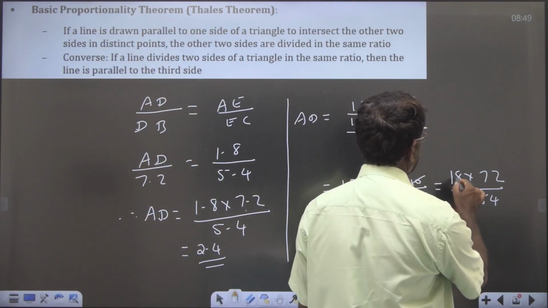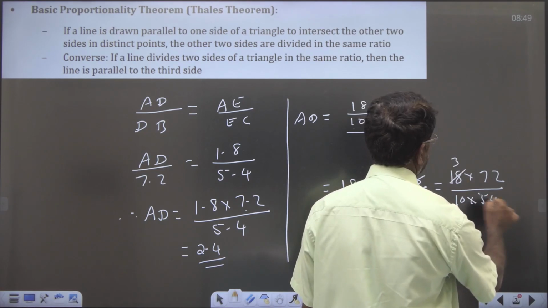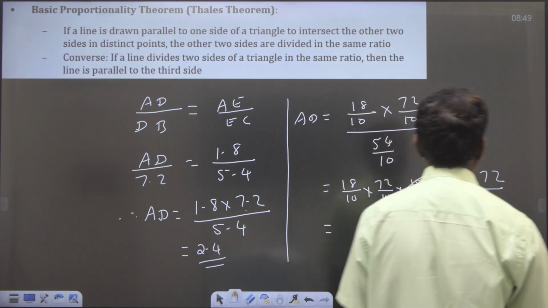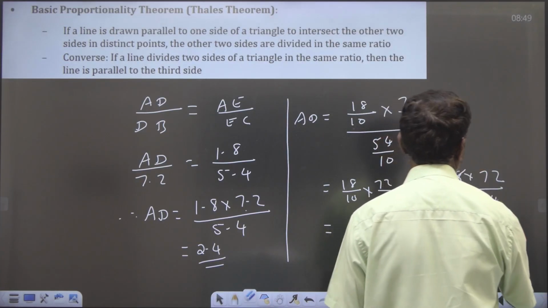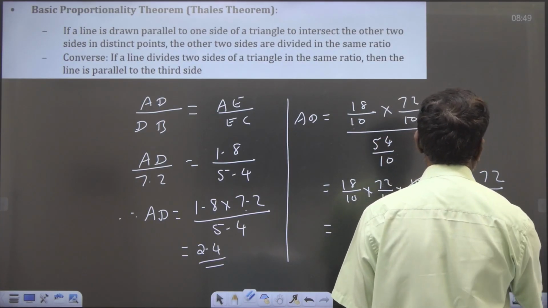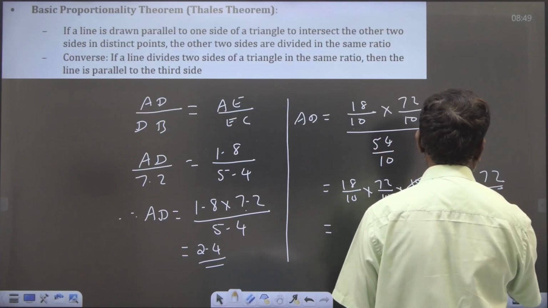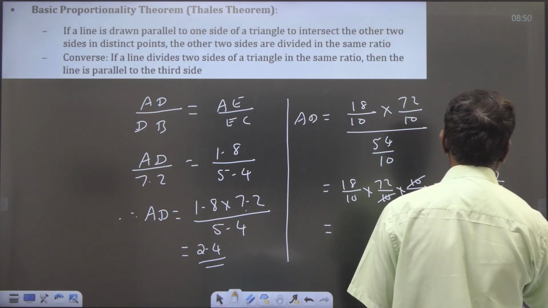Simplify with the 6: 6 into 3 is 18. Not 12, 54, it is 54. 6 into 9 is 54.